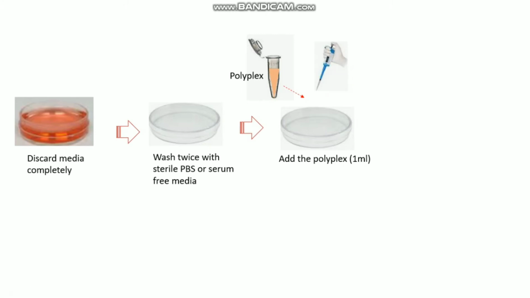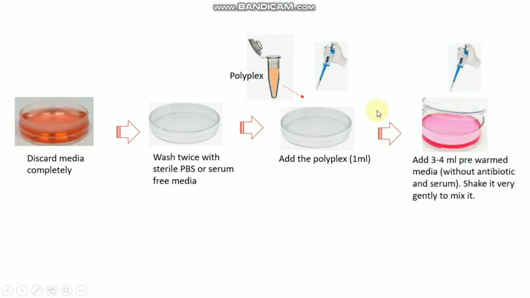So after 15 minutes, you need to add this polyplex completely, like 1 ml, to the dish that contains your cells, and then add 3 to 4 ml of pre-warmed media.